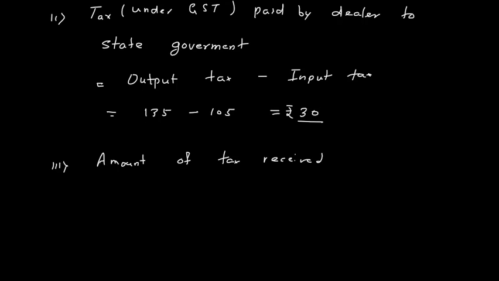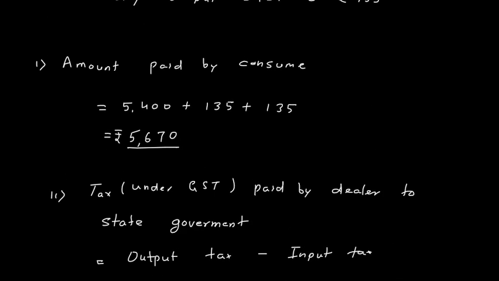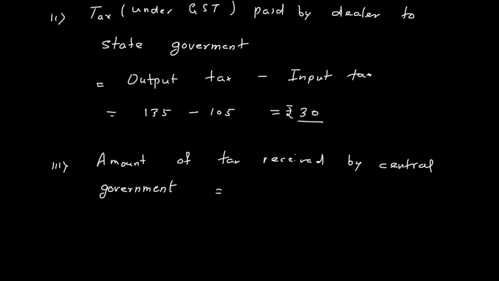Now how much did the central government receive? The government will receive tax from the dealer as well as from the wholesaler. So in total, if you see what the customer has paid, 135, all that tax was received by the government. So it is rupees 135. So this is how the three questions are answered.